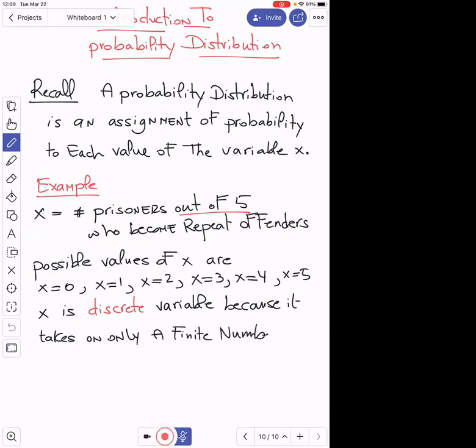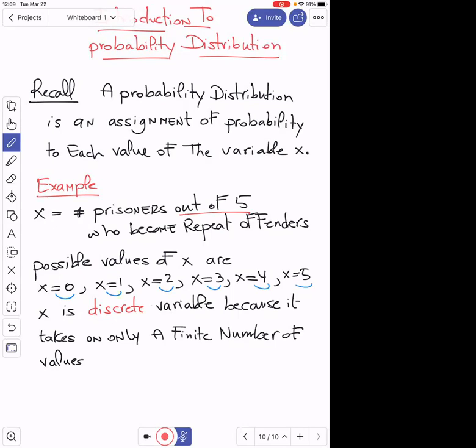Here x is either 0, 1, 2, 3, 4, or 5, so the number of possible values of x is 6.